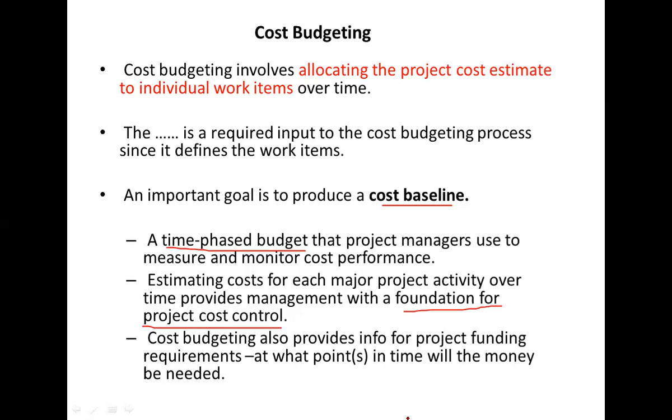Cost budgeting would also provide information for project funding requirements. And that means at what points we will need the money. Okay. So since we have a time-phased budget, we can ask our sponsor, at this time we need this amount of money, at this time we need this amount of money for our project, likewise. So that would provide information for project funding requirements as well.